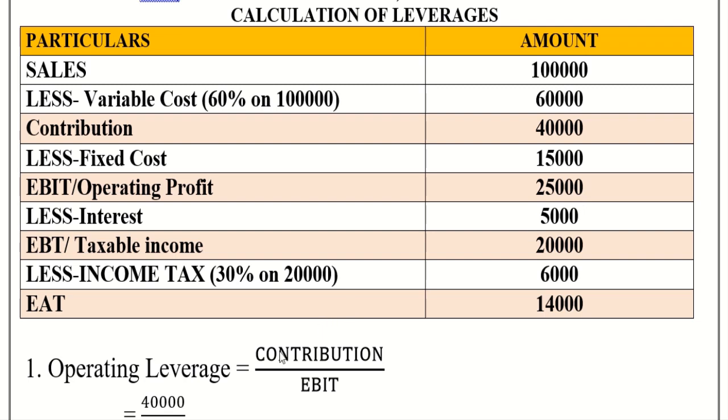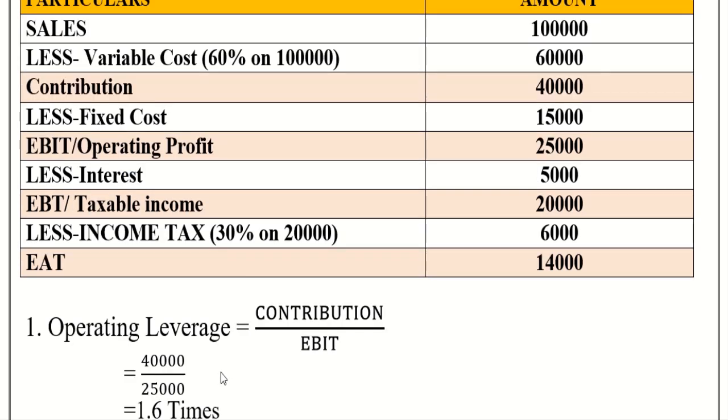So therefore the 40,000 divided by 25,000, you will get 1.6 times. So what it indicates? 1% change in sales leads to 1.6% change in EBIT in percentage.